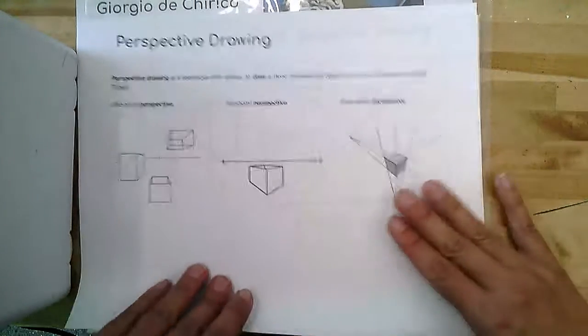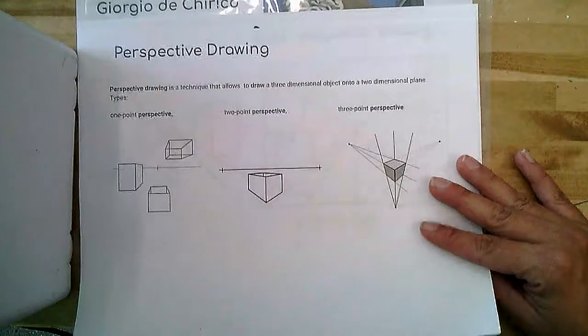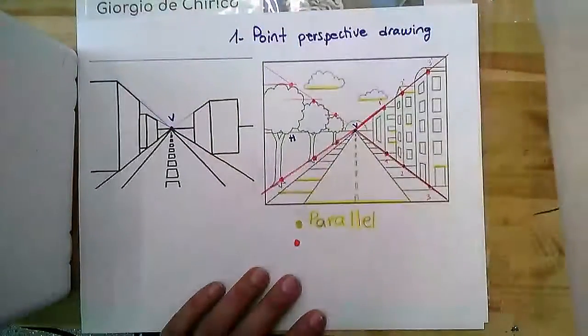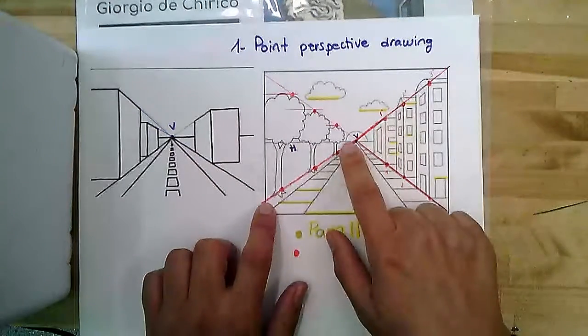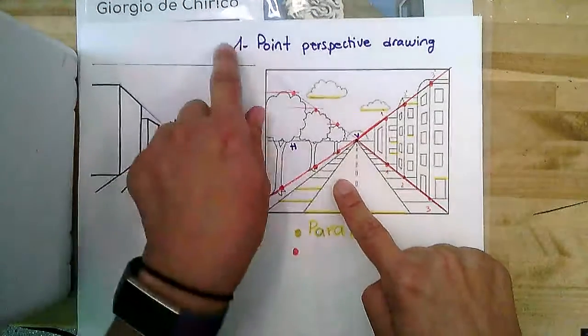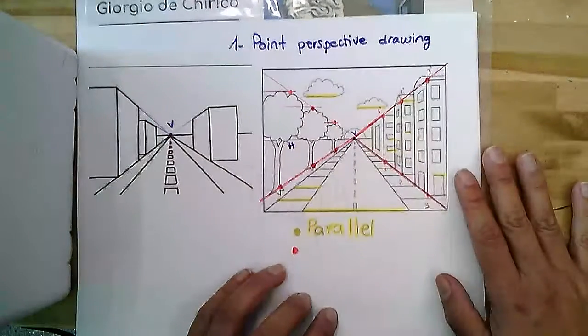So this is what we viewed today, and now we have here a real drawing, which is an example of 1 point perspective drawing.